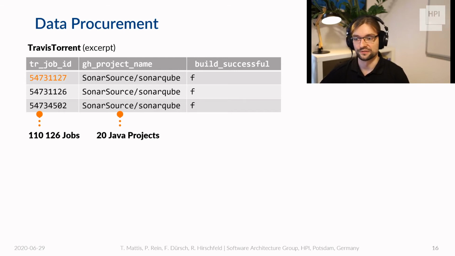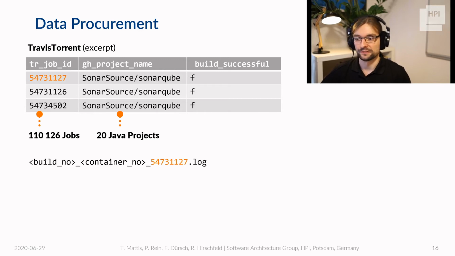Some of them are successful, some of them are failing, so that we get real failure data here. And we know these projects are Java projects because we can look up their project language in the GHTorrent dataset. Also, we selected 110,000 jobs, which are basically all jobs of these 20 Java projects.